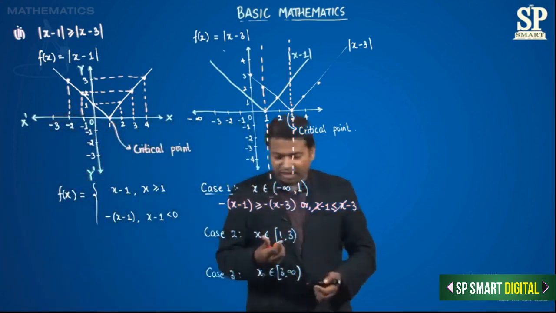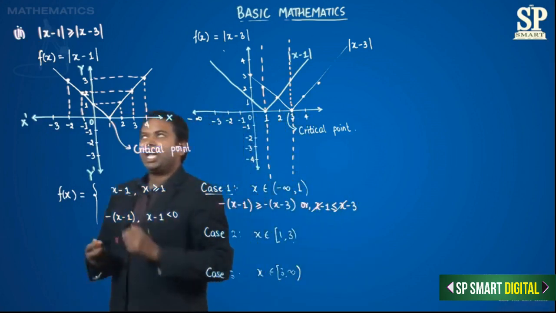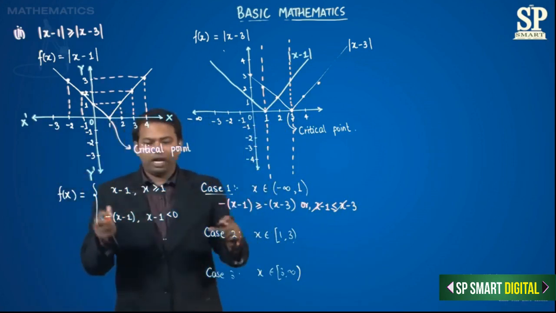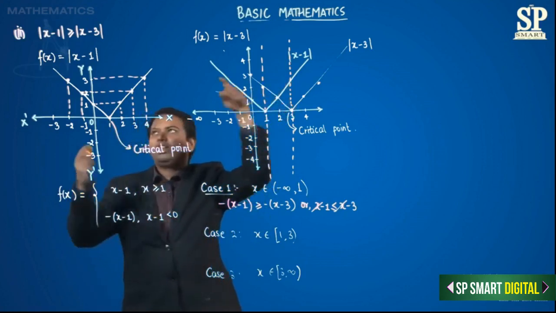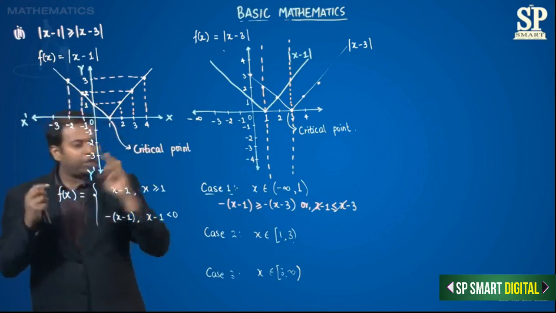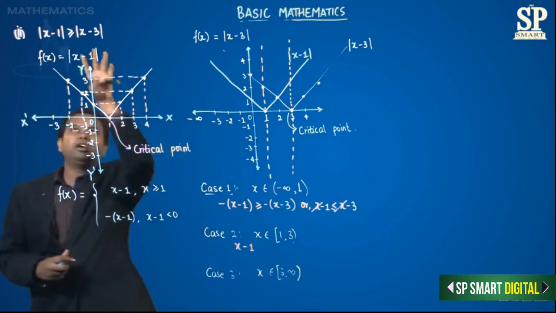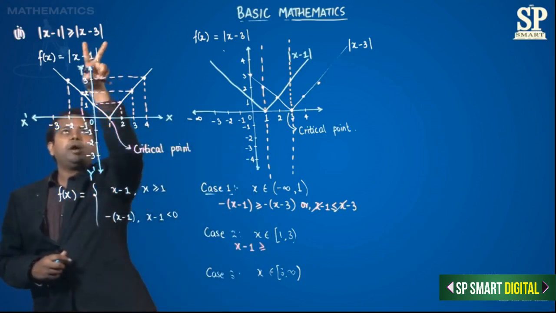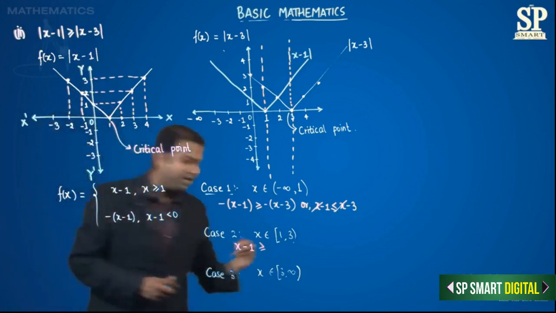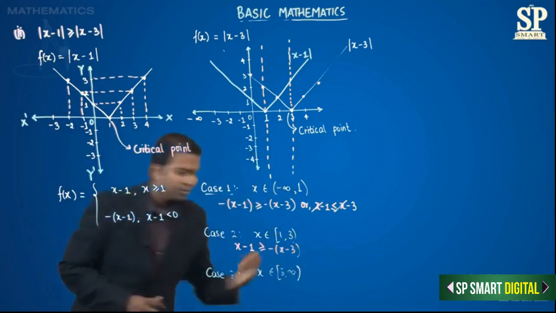Let us look at the interval when x belongs to 1, 3. Now here, when x is greater than 1, the modulus of x minus 1 remains x minus 1. And then let us put the greater than equal to sign. But for modulus of x minus 3, we need to have minus of x minus 3.